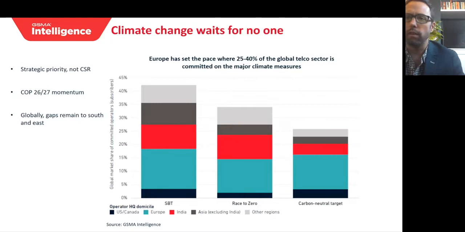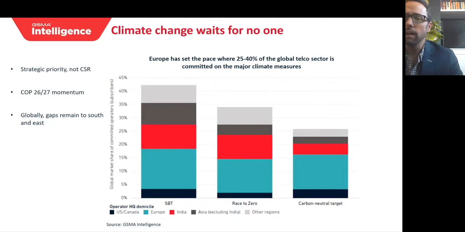We track about 40% of the telco sector market share in terms of subscribers being covered by operators that have committed to science-based targets, which is a globally recognized framework, as well as on the carbon neutral and other international pathways towards net zero.